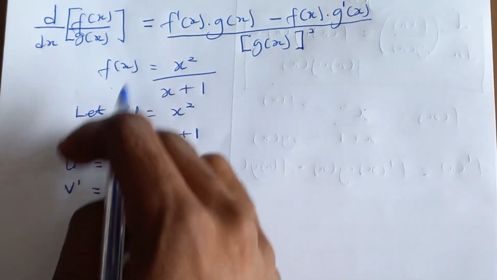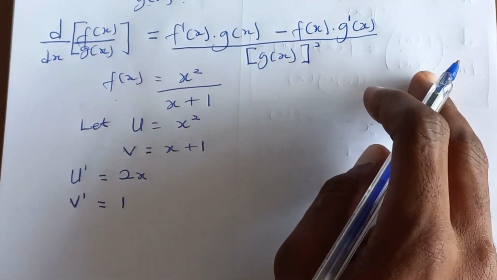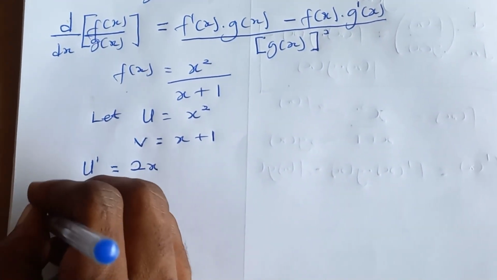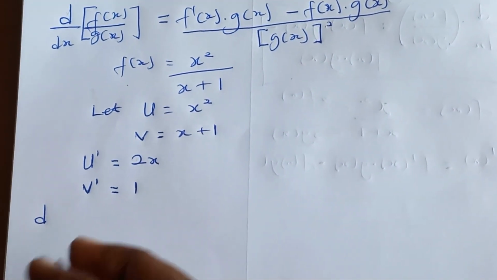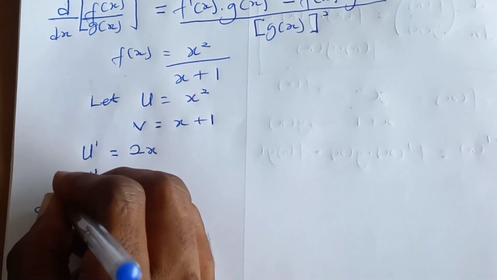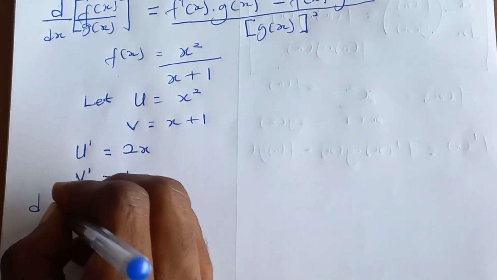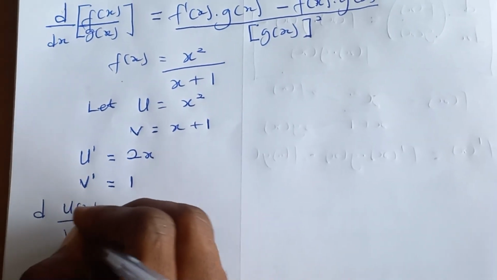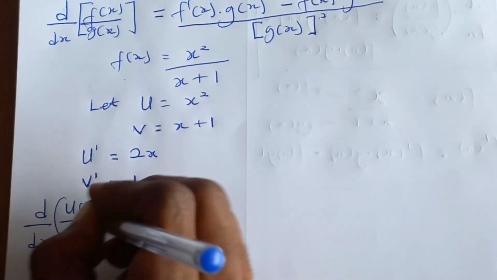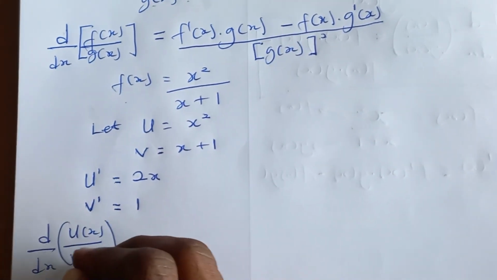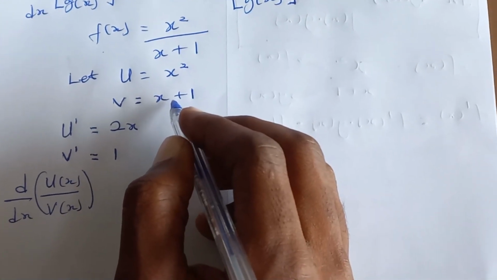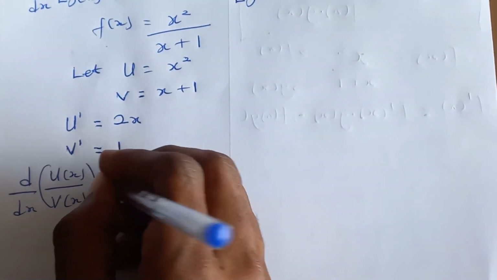So you have to put this into the formula. The derivative of u of x on v of x with respect to x, I'm using v of x and u of x because of the variable we use.